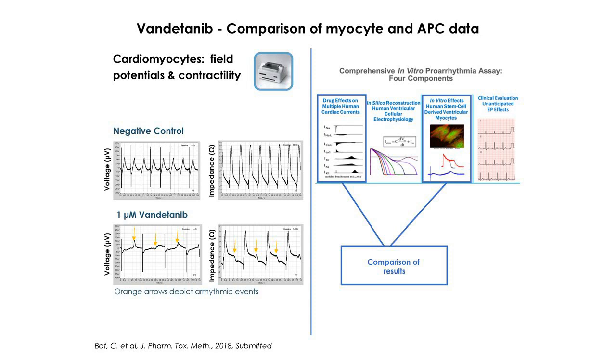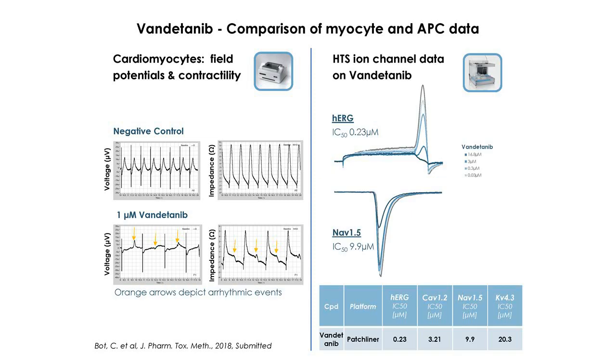And how does this now compare to the patch clamp data? So I checked the HEK ion channel data that we generated also in the other CiPA study, and tried to compare these results now.